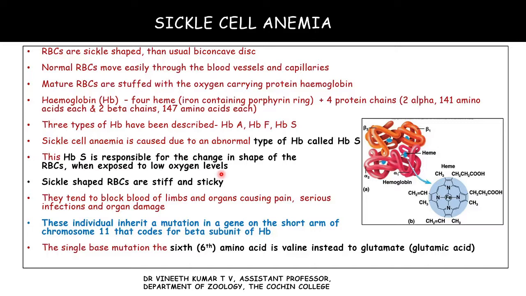So that is what we saw in that particular video. When it reaches the organs or near the organs in the capillaries, whenever there is a decrease in oxygen concentration, they will change their shape.